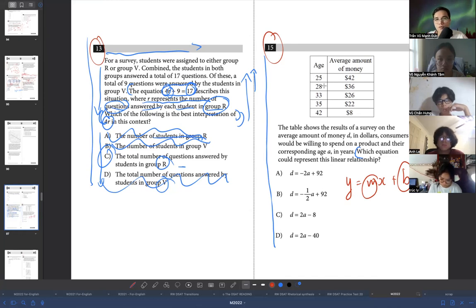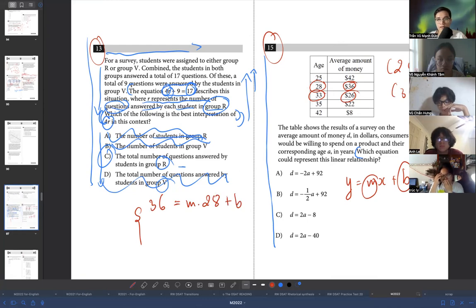I have two points, for example 28, 36, and 33, 26. If I have these two points, can I just put them in a system of equations? Firstly, 36 equals m times 28 plus b. Can I do that? And the next one will be 26 equals m times 33 plus b.